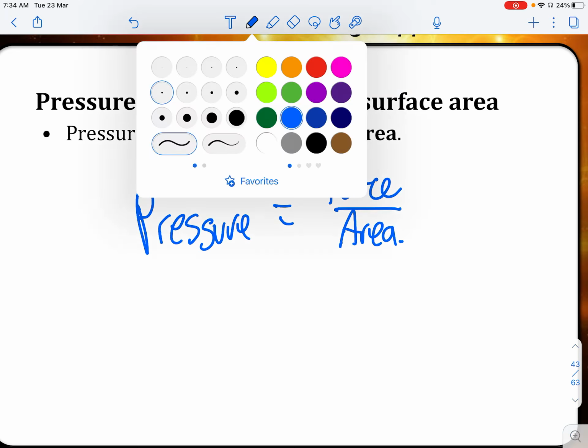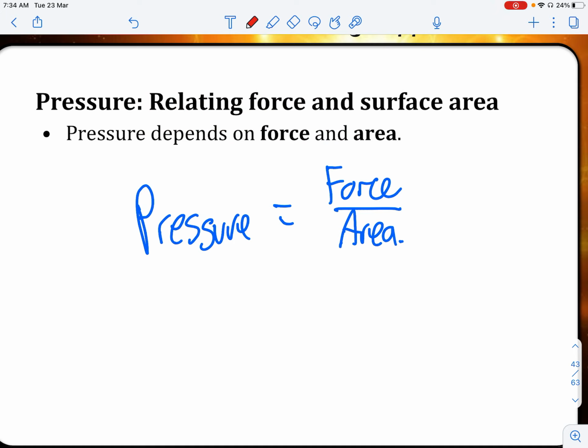So what happens is, if the surface area is high, when your force remains unchanged, this will result in a smaller value, therefore pressure would be smaller. You can use numbers to represent this. Let's say you have 10 Newton over 100 meter square. You will get maybe 0.1 Pascal for pressure.